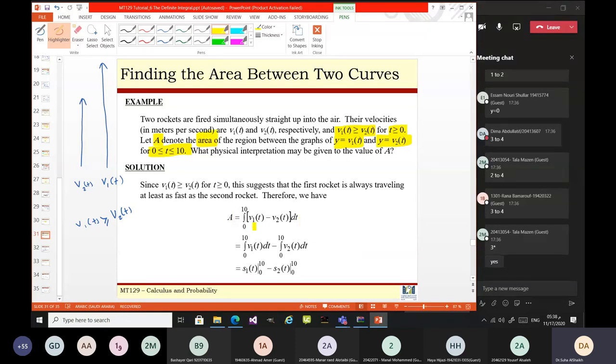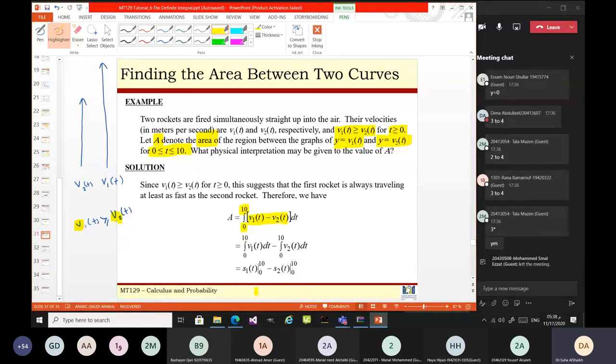So actually A is the integration from 0 to 10 of v1 minus v2. Why did I say v1 minus v2? Because v1 is greater than v2, right? We agreed the top minus the bottom. So it will be v1 of t minus v2 of t, and the integration from time 0 to 10, like what they give me in the question.